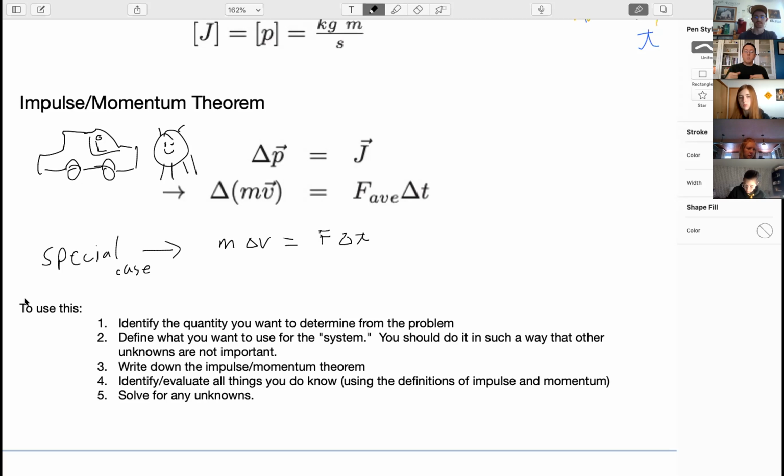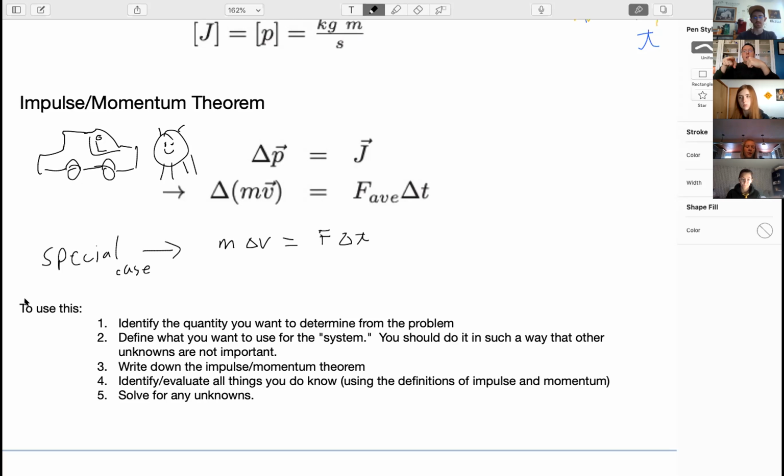That's a typical problem. And you don't have any information about the forces acting between them, then you want to define the system in such a way that you never need to know the forces in between them. How could you do that?